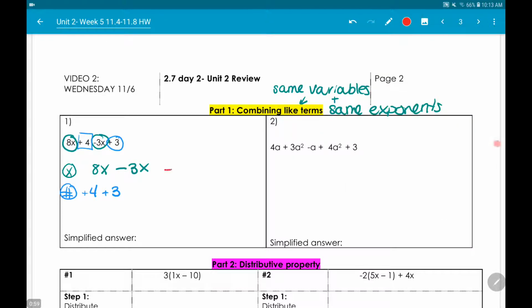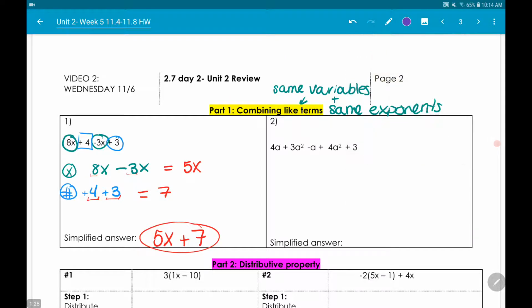All right, now I combine by simplifying. So I do 8 minus 3, that gets me 5, and I need to put the x as my final thing. 4 plus 3, that gets me 7. These are both positive numbers, so when I write them as my simplified answer, I'm going to write it like this.